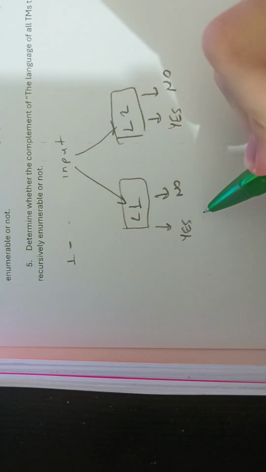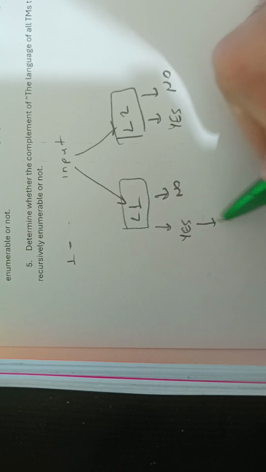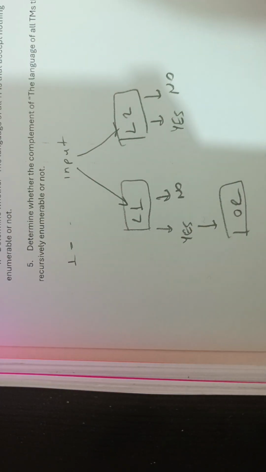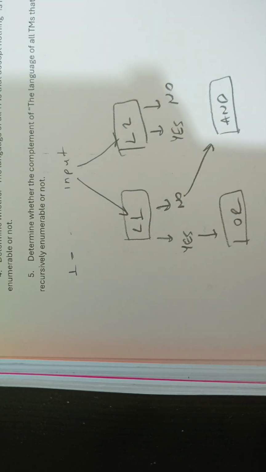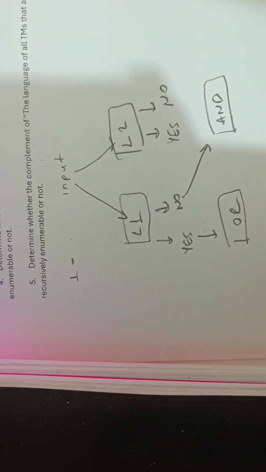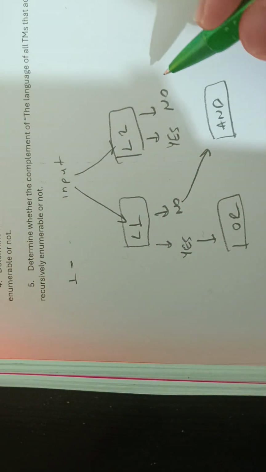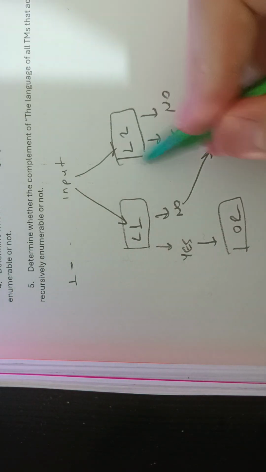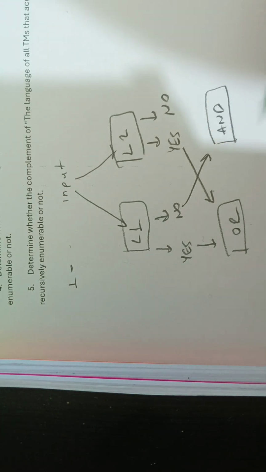And after that, if the answer was yes, we go to the OR operator. If the answer was no, we go to the AND operator. Okay, and after that, if the answer for L2 was yes, we go to the OR operator.